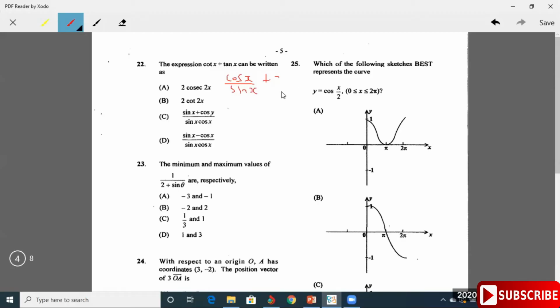That's what we have. So we need to let them have a similar denominator, hence the LCM. The similar denominator is sine x times cosine x. All right, so far that looks pretty simple.